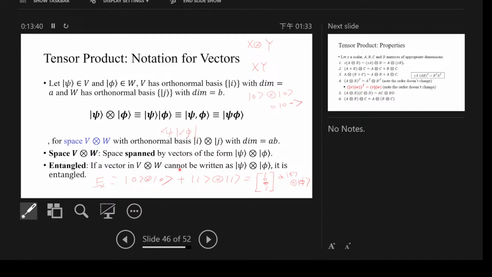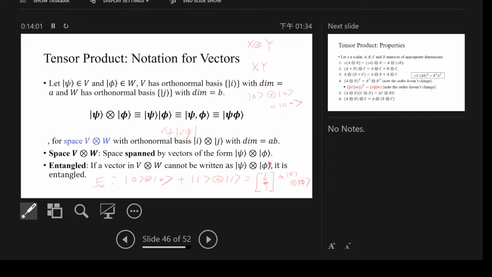Okay? This should be quite intuitive. And here is the definition that we said about the space V tensor W: it's a space spanned by vectors of the form psi tensor phi, and since it's a space, everything inside it is a linear combination of psi tensor phi.